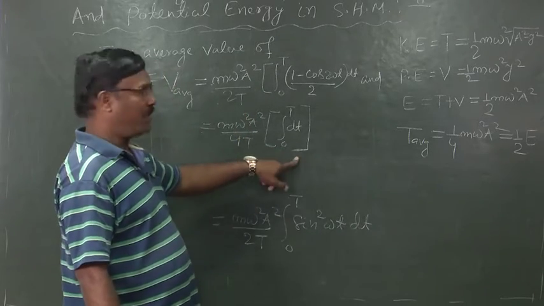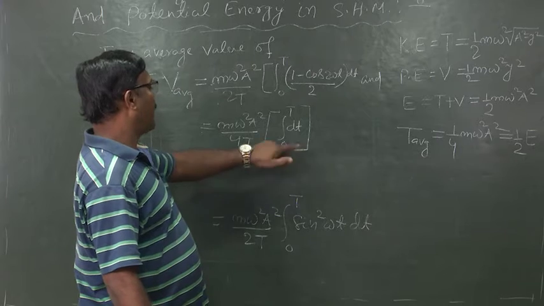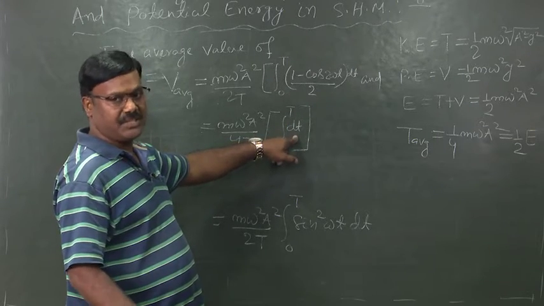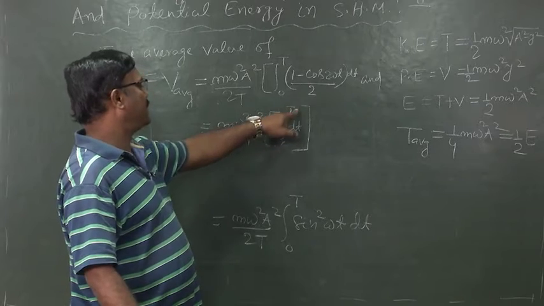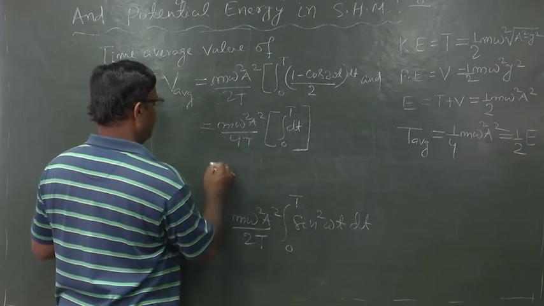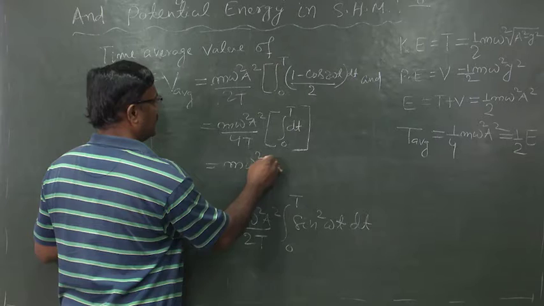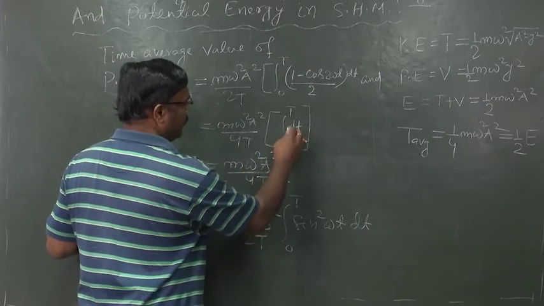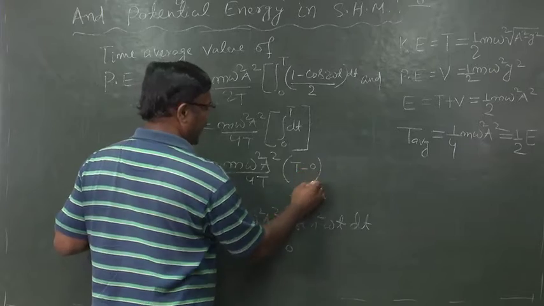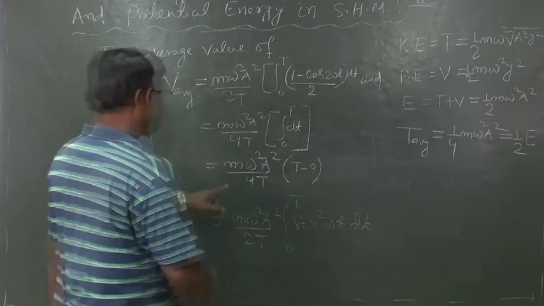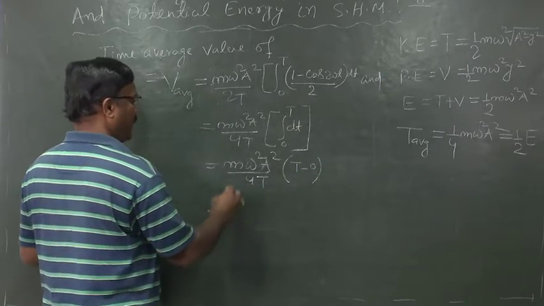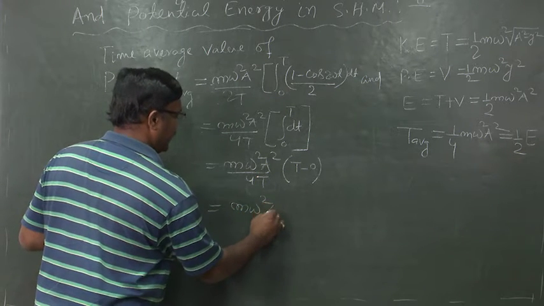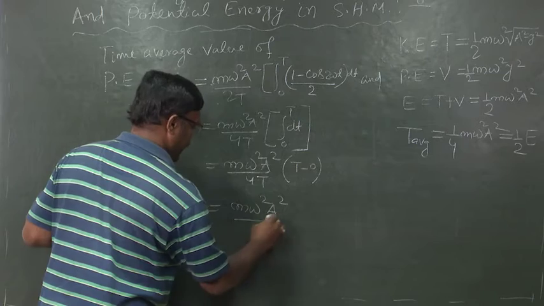Now, we have to integrate dt, and the integration of dt over the period T will be T. So it will be written as m omega square a square by 4T, and within the bracket it will be T minus 0, which is equal to m omega square a square by 4.